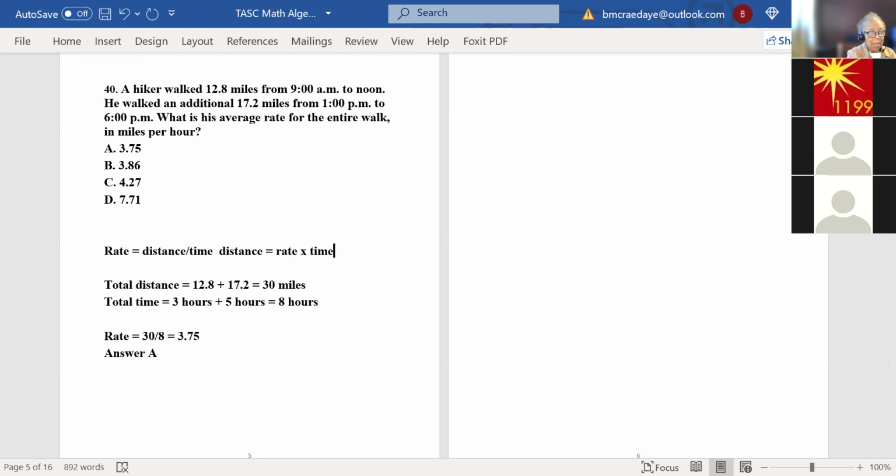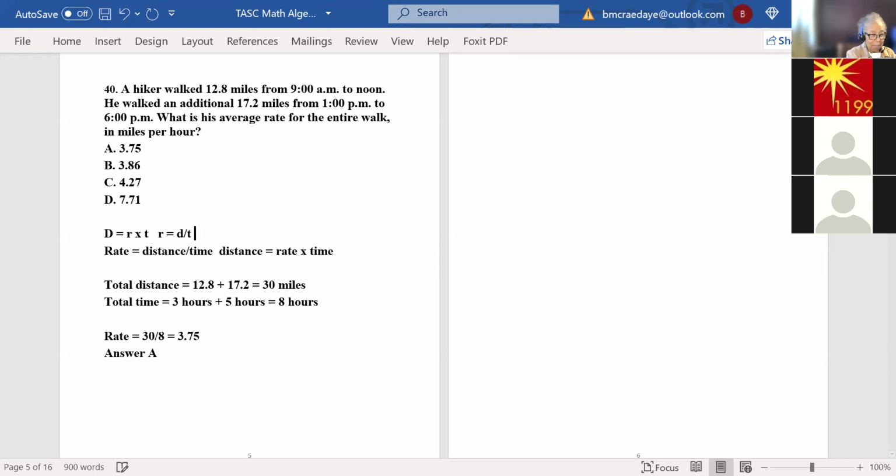Remember that? We wrote it as D equals R times T, right? So rate equals D over T. Let me just abbreviate it. Rate equals D divided by T, which is what we had here, distance divided by time.